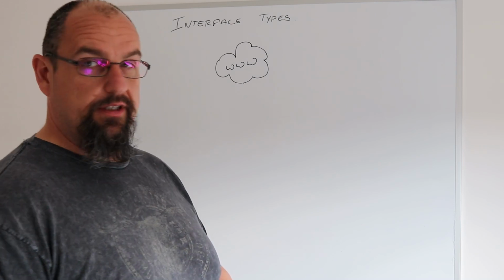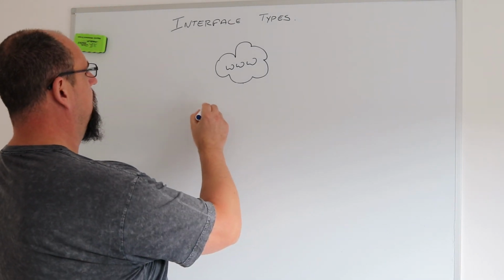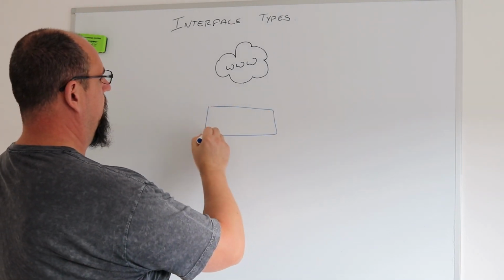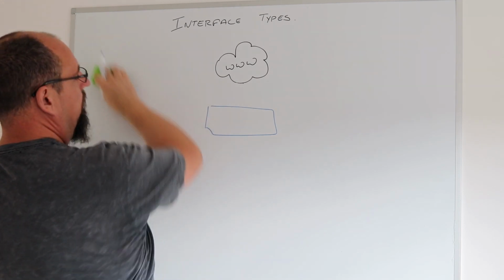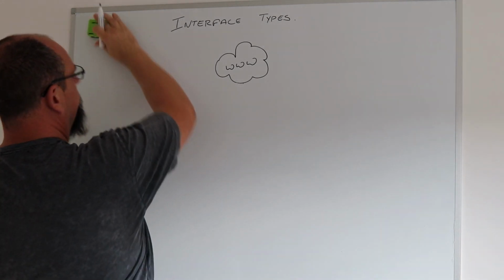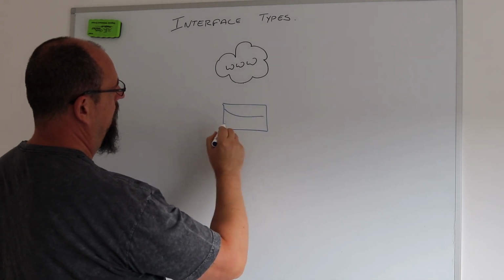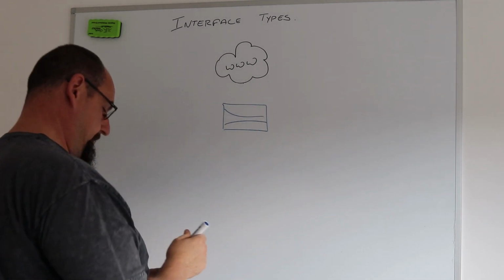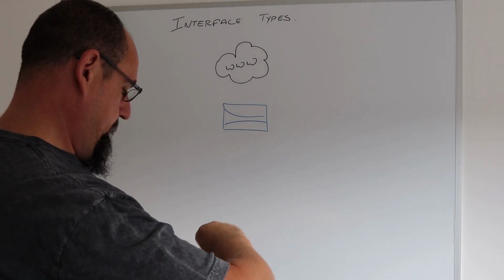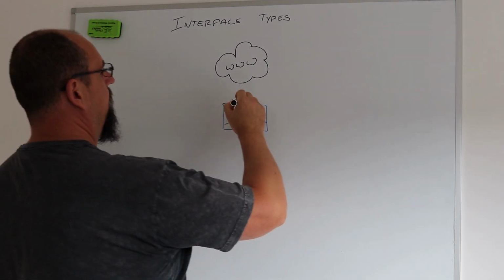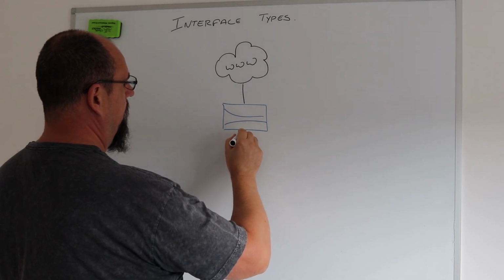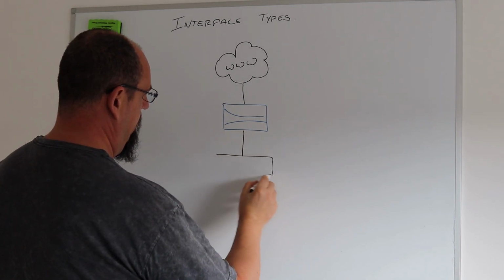So in this particular instance, we have our firewall here. Firewall. Okay. And we have our connectivity going out, our connectivity coming in.